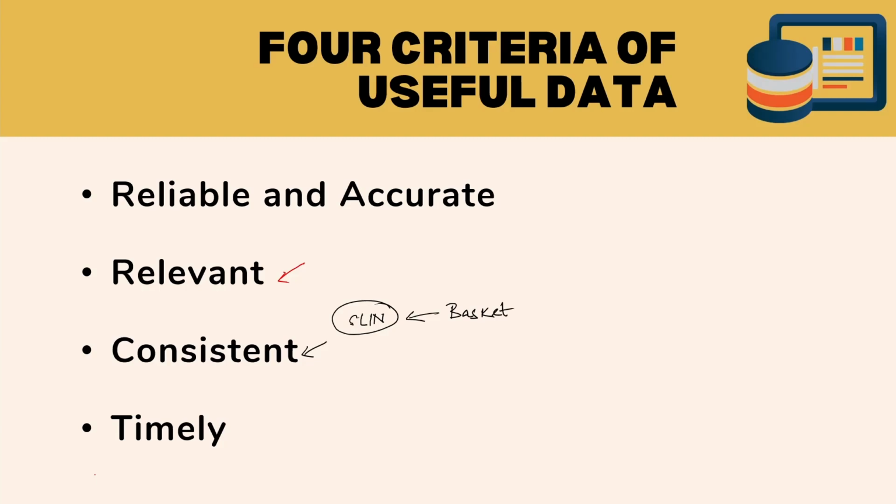But if the items considered in that basket of goods change, then the value of CLIN, cost of living index number, will also change. So therefore the definition itself changes. So if you are considering a data set for CLIN, then you make sure that for all those data points the same basket has been used.